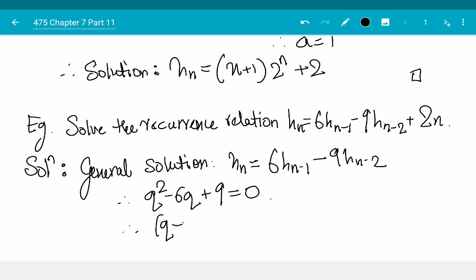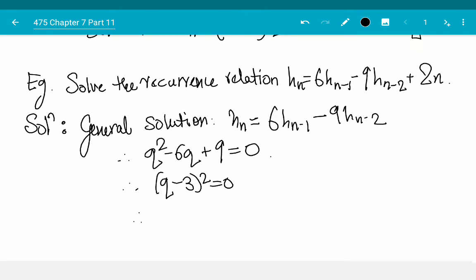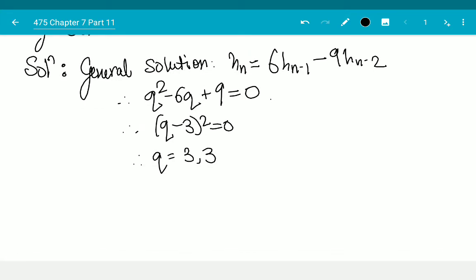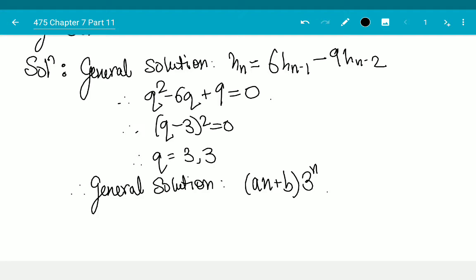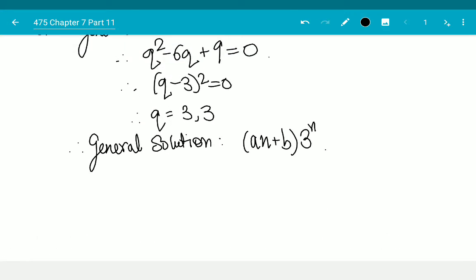Therefore, q minus 3 squared is equal to 0. And therefore, q is equal to 3 comma 3. Therefore, general solution is of the form an plus b 3 to the power n, right? We have seen this in section 7.4.